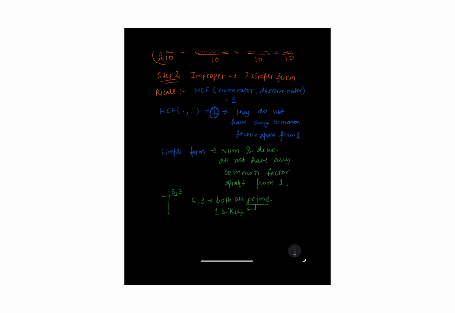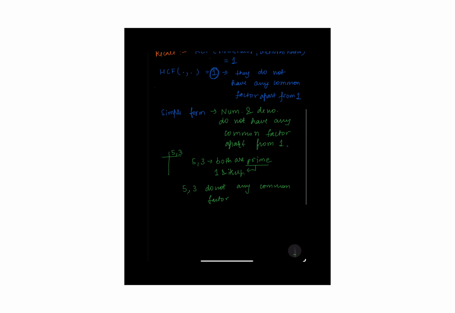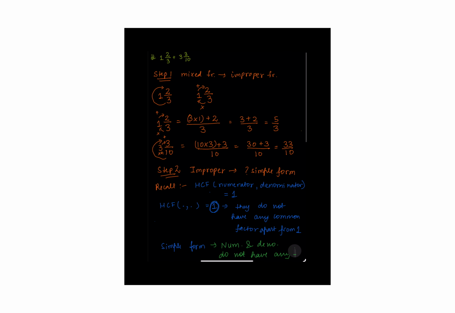So we know that 5 and 3 do not have any common factor, as the factors of 5 are 1 and 5, and the factors of 3 are 1 and 3. So their only common factor is 1, which is basically their HCF. That means your first fraction is already in simple form.